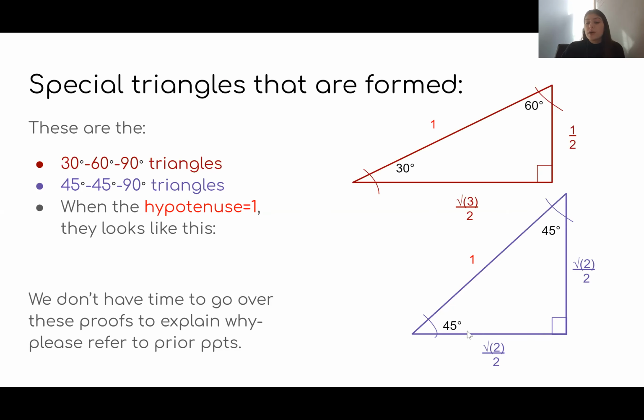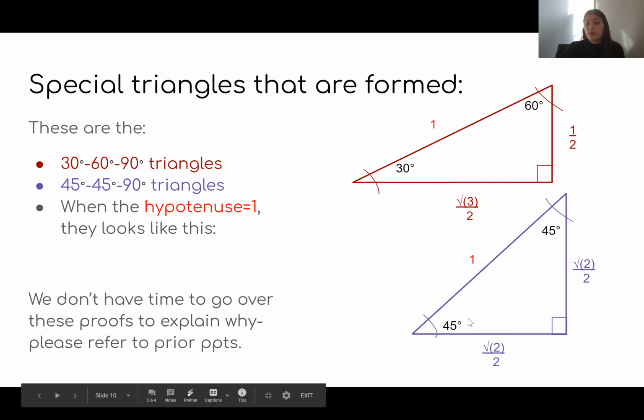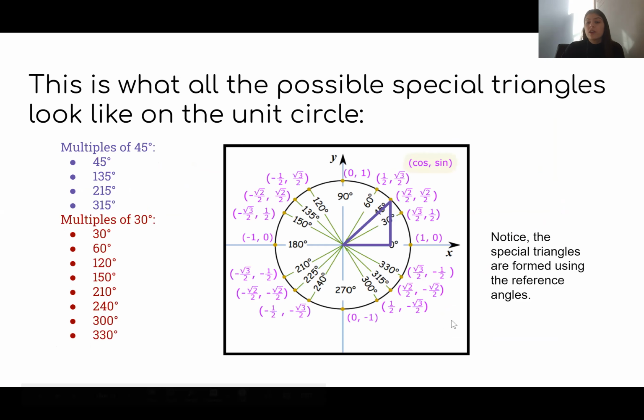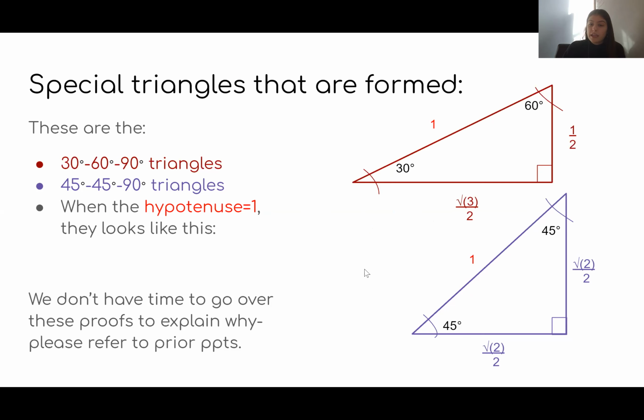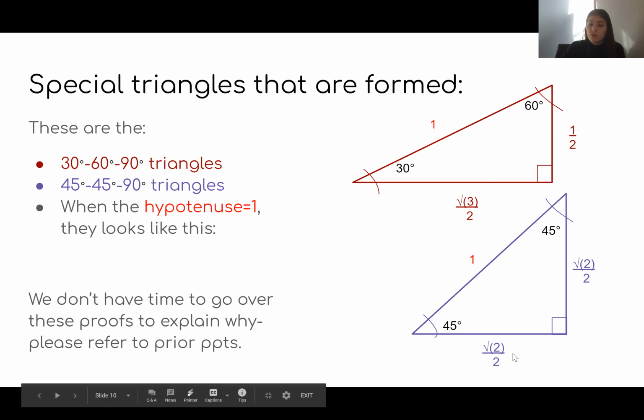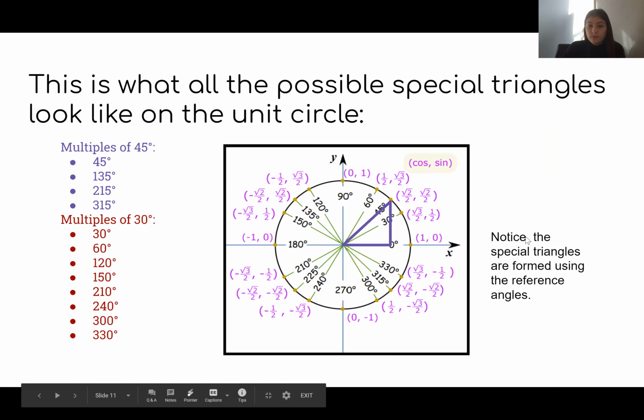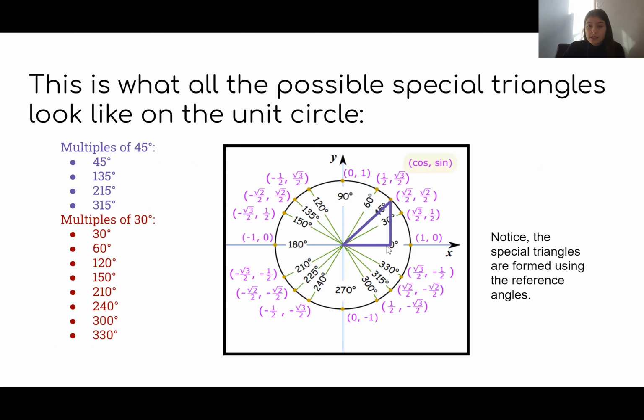So here, going back, you see this dark purple 45, 45, 90 triangle. I'm placing that on the unit circle for you. So here's our 45, 45, 90 triangle. You can see that back here it said this bottom side is √2 over 2, and this side over here on the right is √2 over 2. Same thing goes here. Our x value at the bottom is √2 over 2.